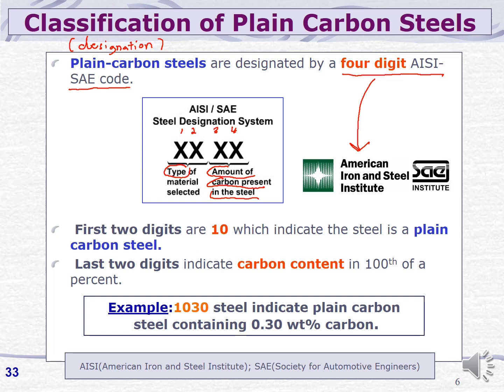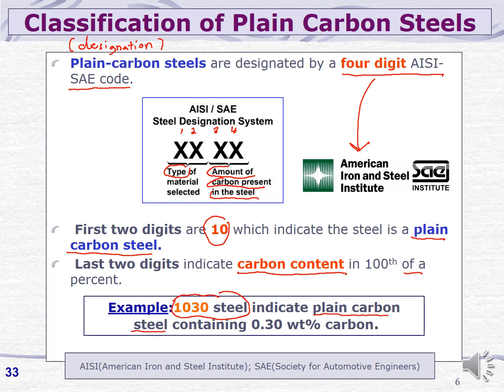The first 2 digits are 10, which indicate the steel is a plain carbon steel, while the last 2 digits indicate the carbon content of the steel. For example, here the classification of 1030 steel indicates a plain carbon steel.